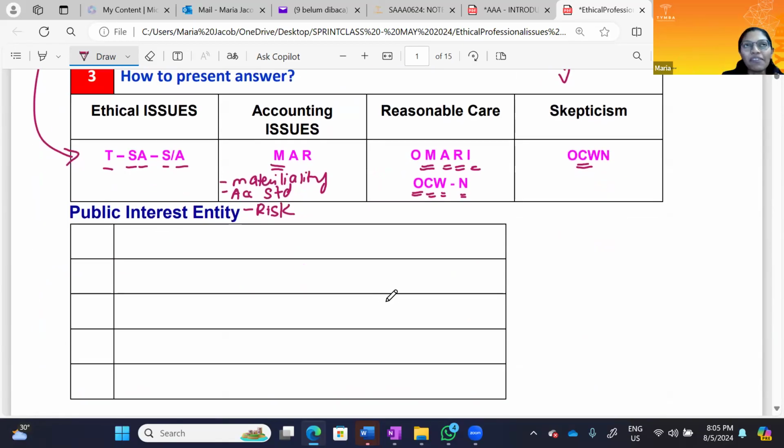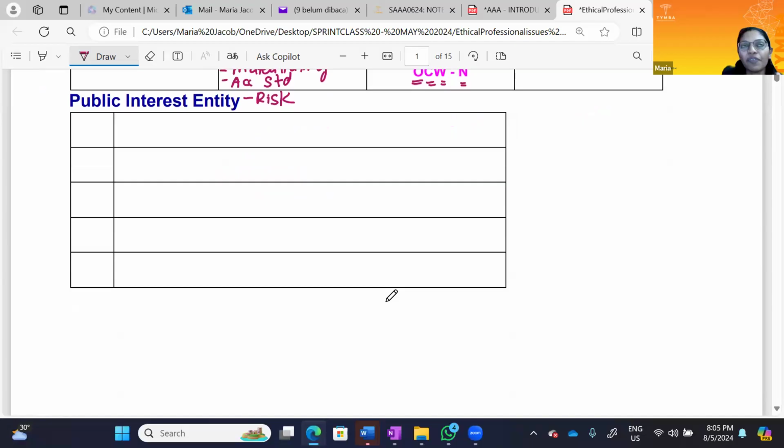Now, it's a very important fact that when you talk about ethics, you should know who is considered a public interest entity. So who is considered a public interest entity? Anybody? Listed entity, yes.